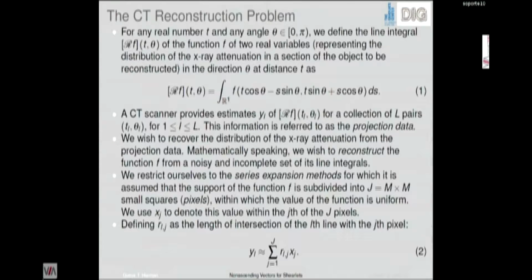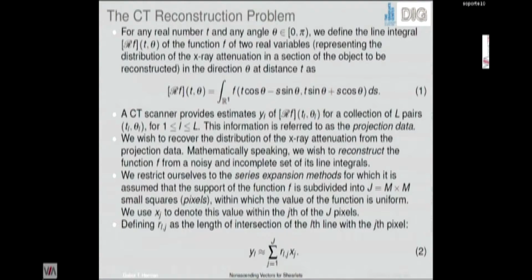One general approach to do this is referred to as a class of series expansion methods. In one specific kind of series expansion method, f has a physical meaning. For example, f would be supposed to be a cross-section of my body.